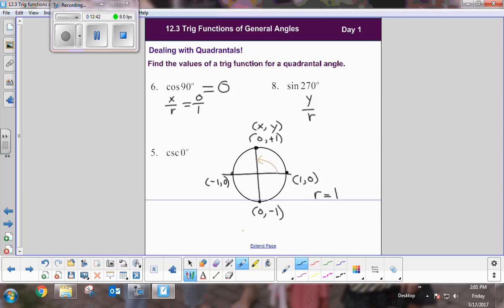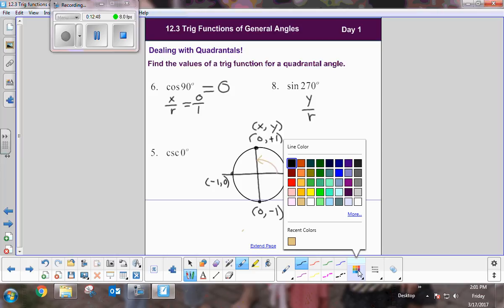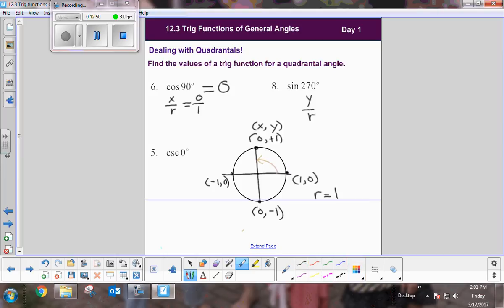So I start at 0. I'm going to go light again. My rotation goes from 0 to 90 to 180 to 270. Can you see that still? It's pretty light. Yes?